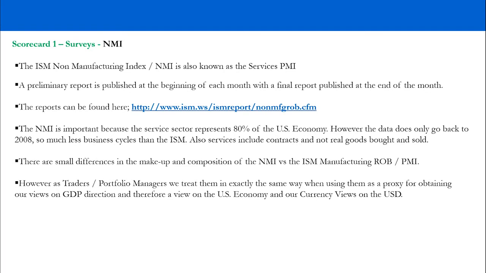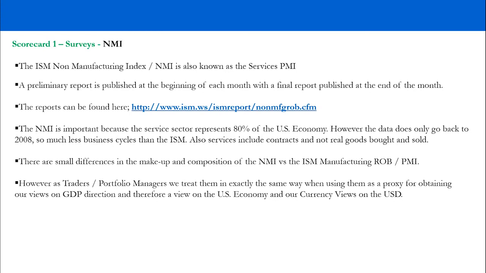So there are small differences in the makeup and composition of the NMI versus the ISM. But as traders and portfolio managers, we treat them pretty much in exactly the same way. We're using them really to get a proxy for obtaining our views on GDP direction.